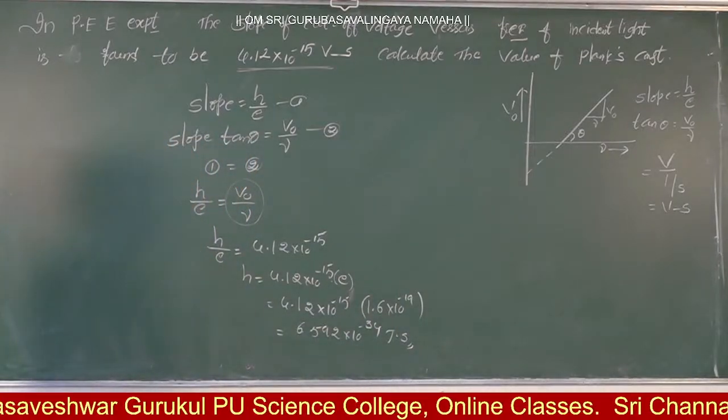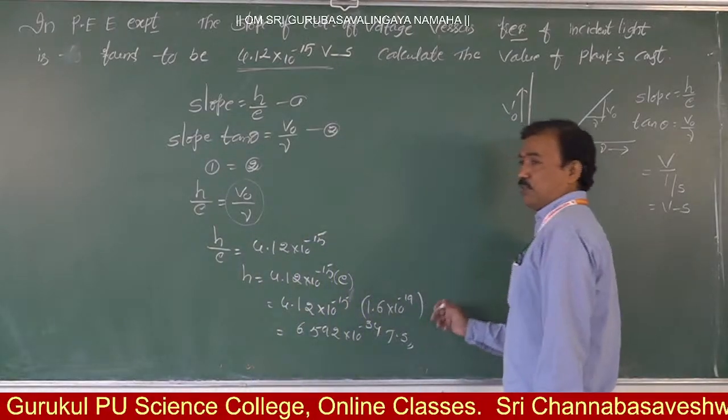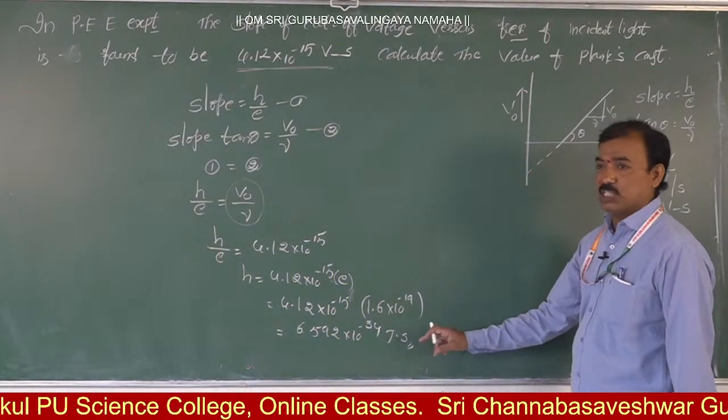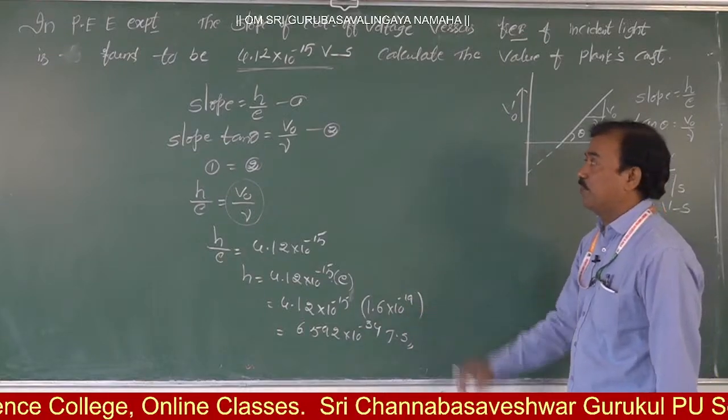So according to this graph, we found the Planck's constant to be 6.592 into 10 to the power of minus 34 joule second.